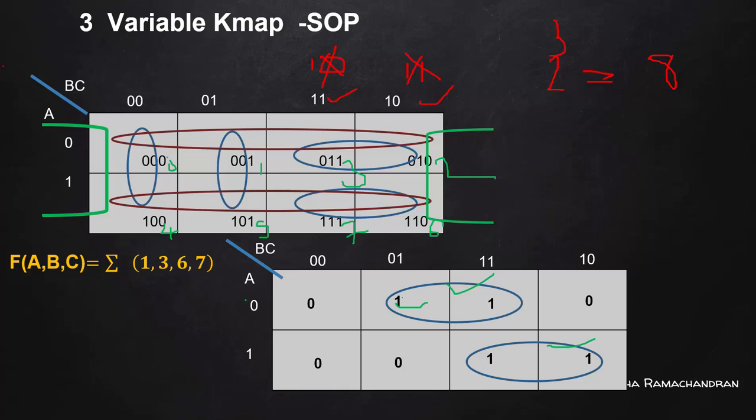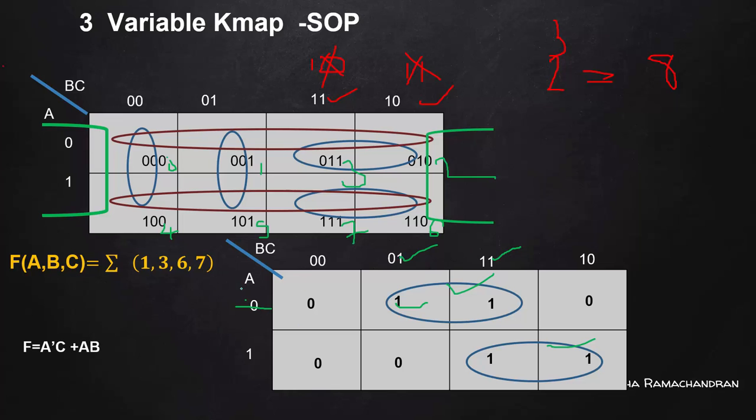Okay, so for this, the A value is common for these two ones present in this group. And column wise, which one is common? The C value. Right. So the minimized representation for this one is in SOP form. In SOP form, if a variable with value 0 is present, then in the min term we need to use the complemented form. And if a variable with 1 is present, then we need to use its original form.